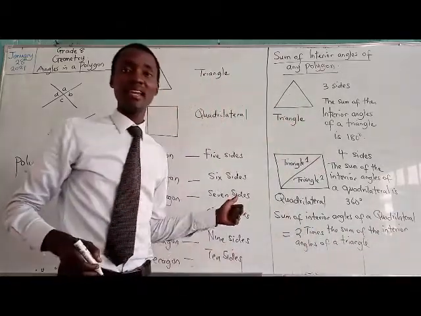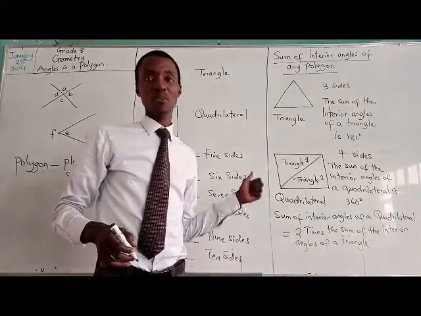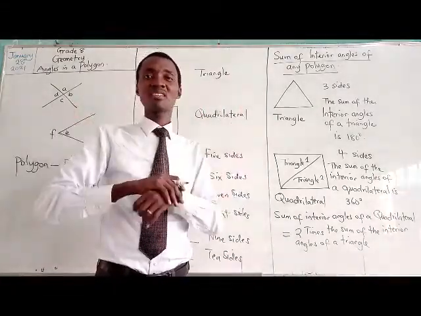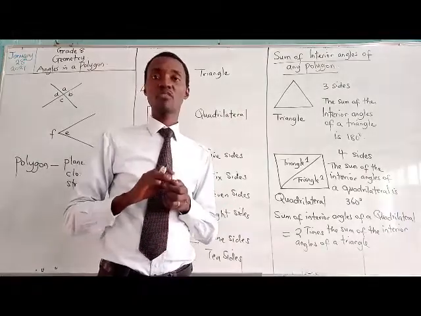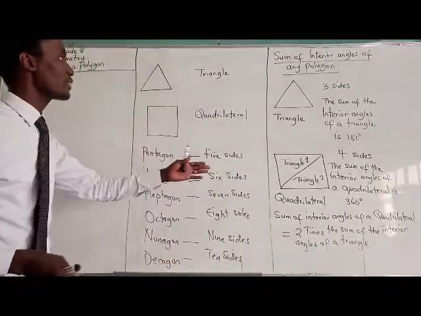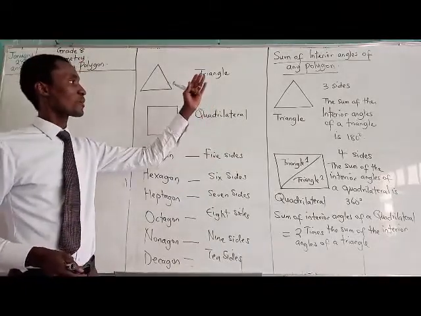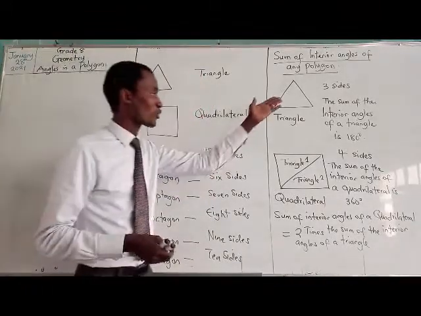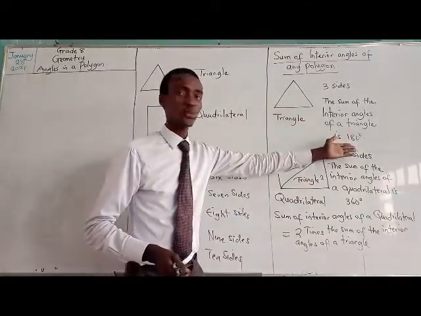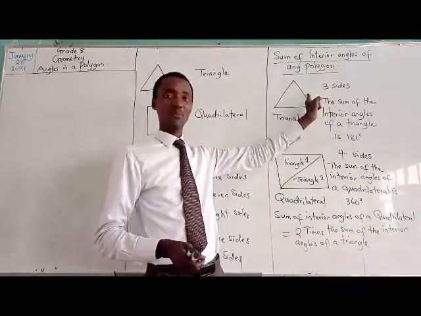This is a basic idea you must keep very well, because this is the idea I'm going to use to open up this mathematics multiverse. Okay, we've established that, so what conclusions can we draw? For a triangle, the sum of the interior angles is 180, and it's just one triangle.